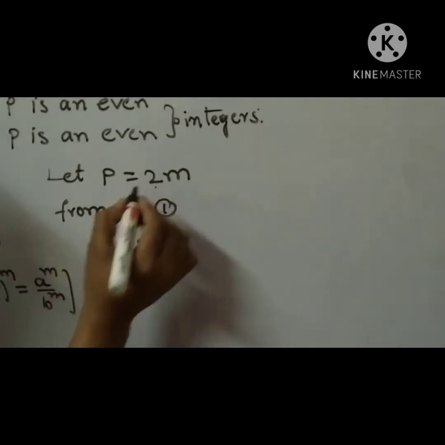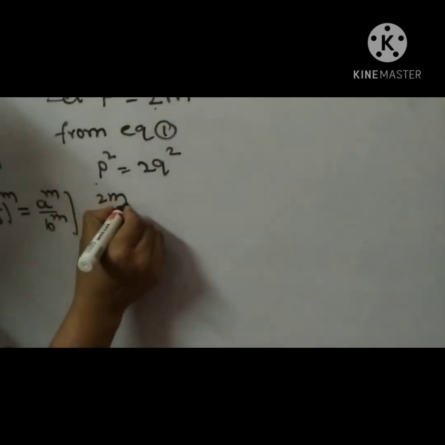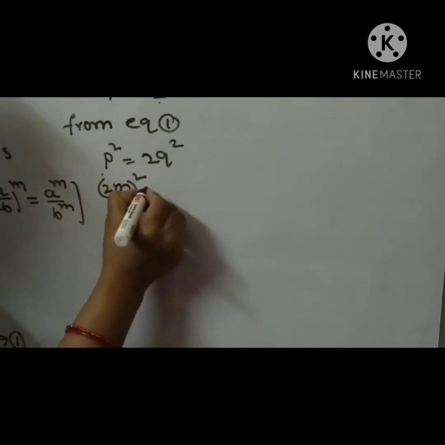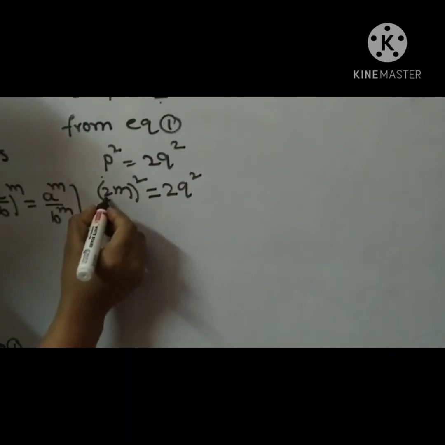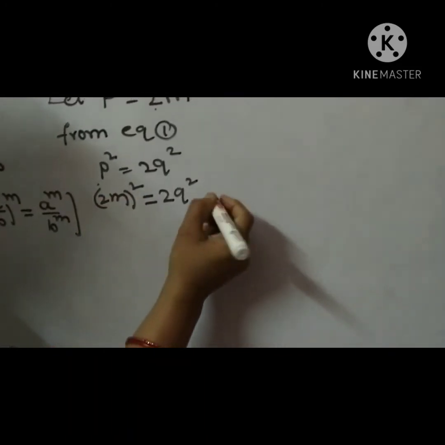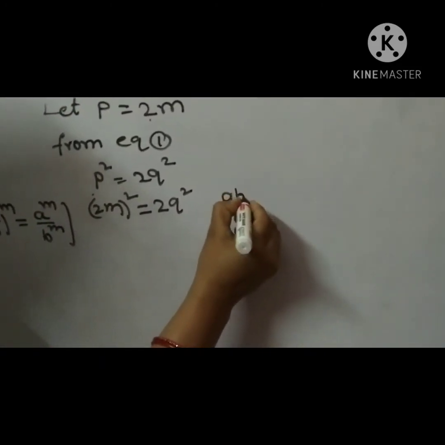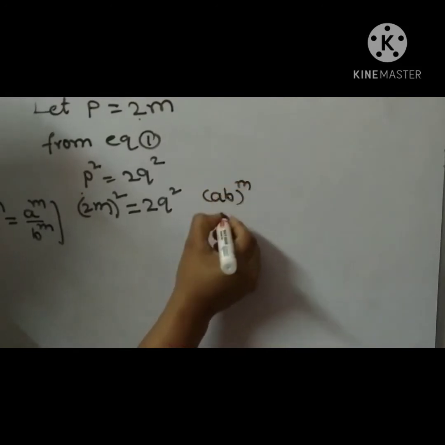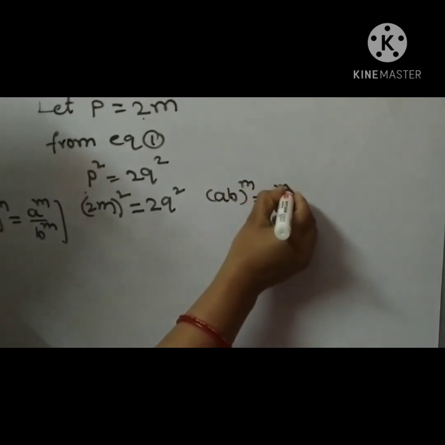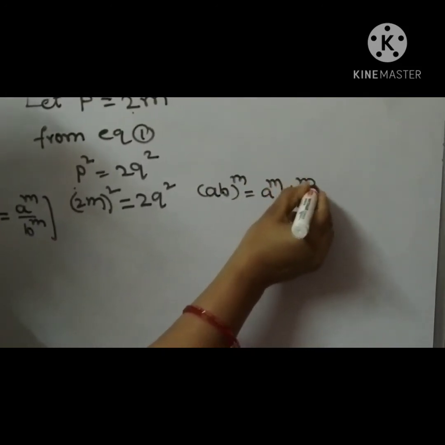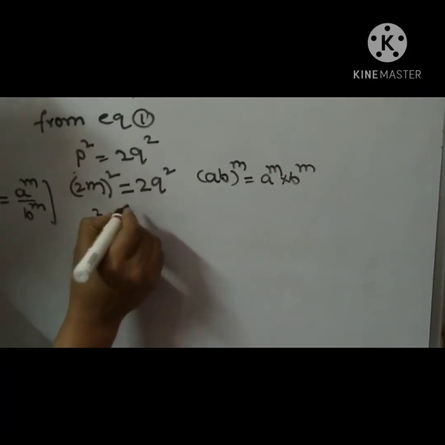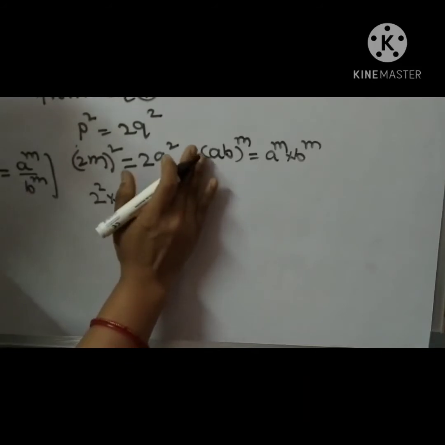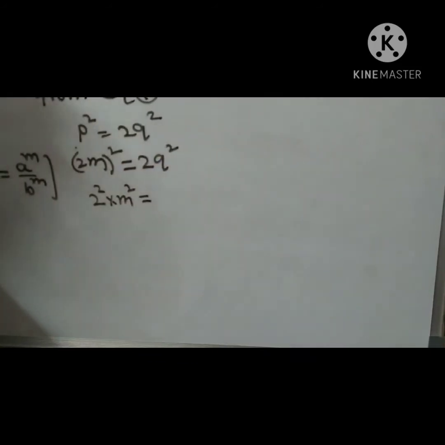So what is p here? 2m whole square equals 2q square. In this case, of the form a into b whole power n, for example ab whole power m is equal to a power m into b power m, we should write here 2 square into m square. We compare with the laws of exponents. Okay children, did you understand?